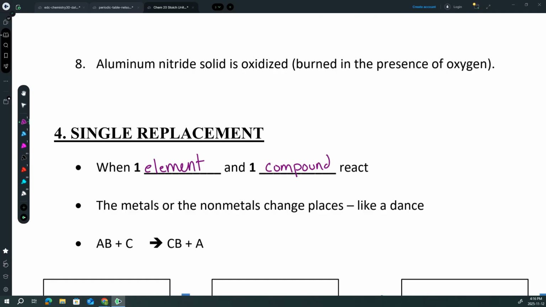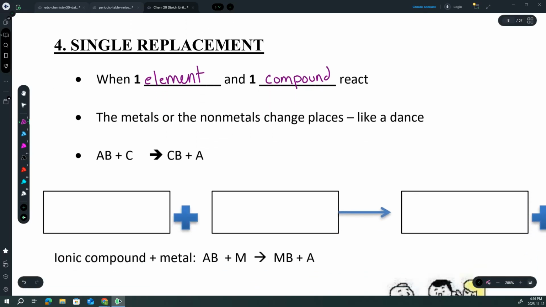If you have a metallic element, it will switch with the metal, or the ion with the positive charge, in the compound. If you have a non-metallic element, it will switch places with the non-metal, or the ion with the negative charge, in the compound. I will write this out later on, but I did want to mention that.